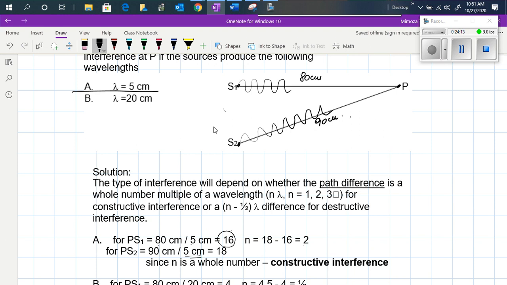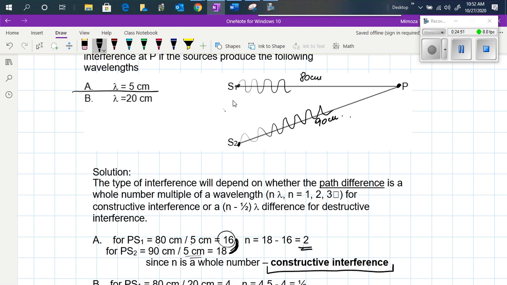So when they meet at point P, they are in phase with each other, so they are both, let's say, at the highest point or both at the lowest point. Since the difference between 18 and 16 is a whole number, what is happening is a constructive interference.